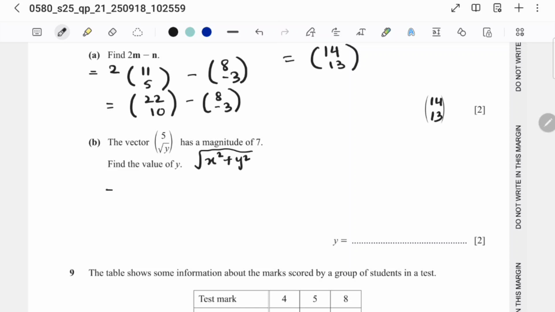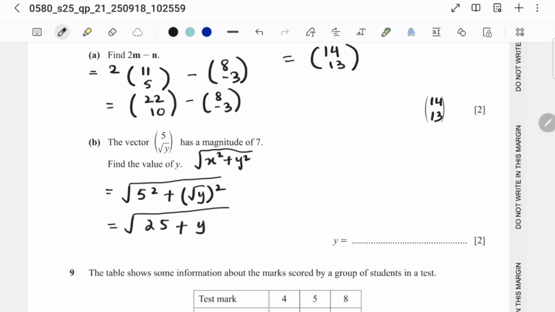So the magnitude is equal to the square root of 5 squared plus (square root y) squared. 5 squared is 25 and (square root y) squared is only y. It is given in the question that its magnitude is 7.